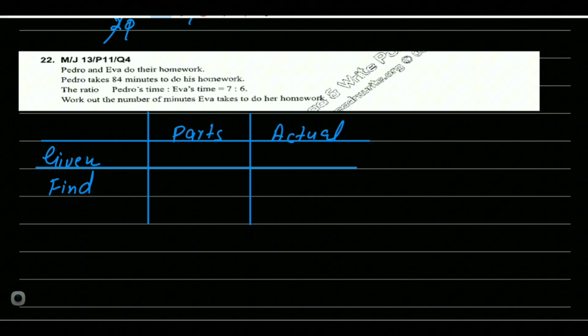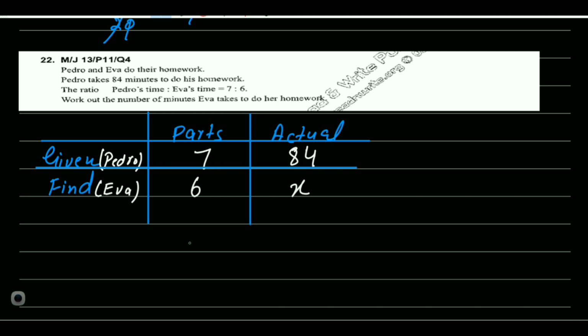Work out the number of minutes Ever takes. We are going to find Ever's number of minutes, and Pedro's minutes are given to you. We have to find the actual minutes of the student, and its ratio is 6, and Pedro's actual time is 84 and its ratio is 7.